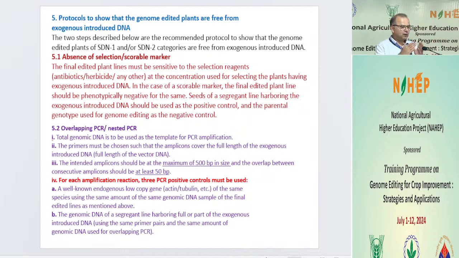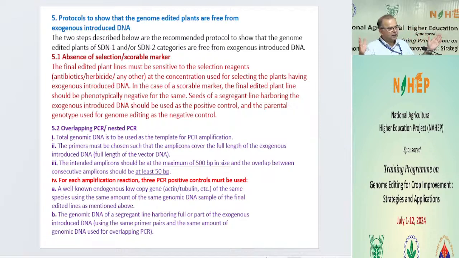So, over the entire span of tDNA, you have to design primers in an overlapping manner so that every amplification will be within 500 base pair. Understand? So, for the first 500 base pair you design a primer, then in overlapping fashion another pair of primers for 500 base pair, then again in overlapping fashion the next 500.